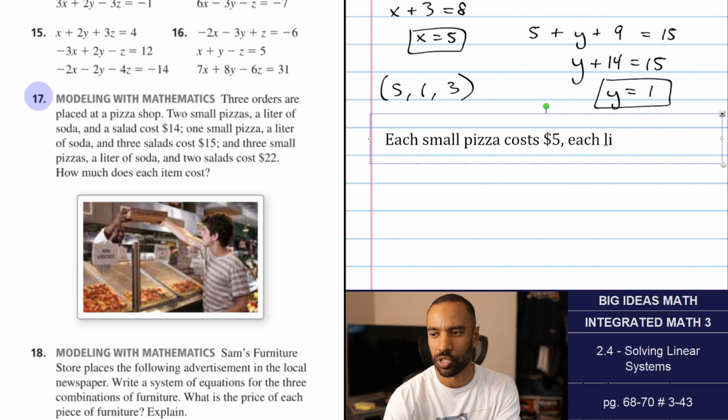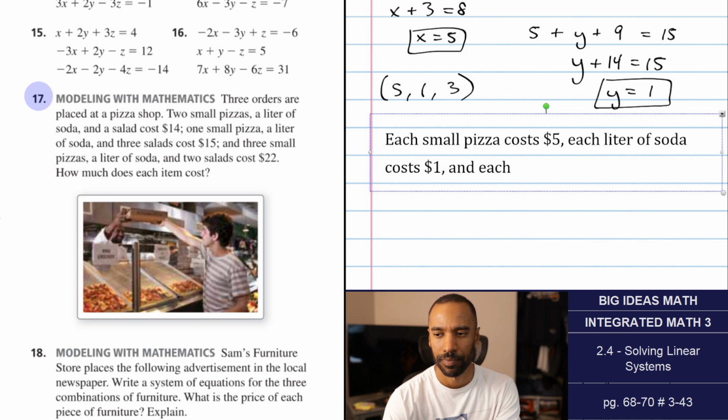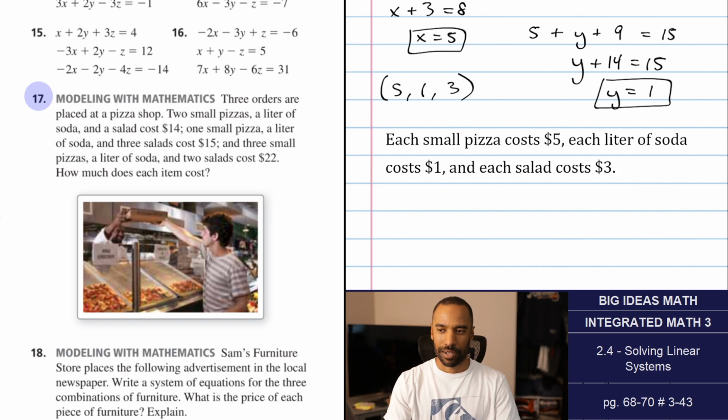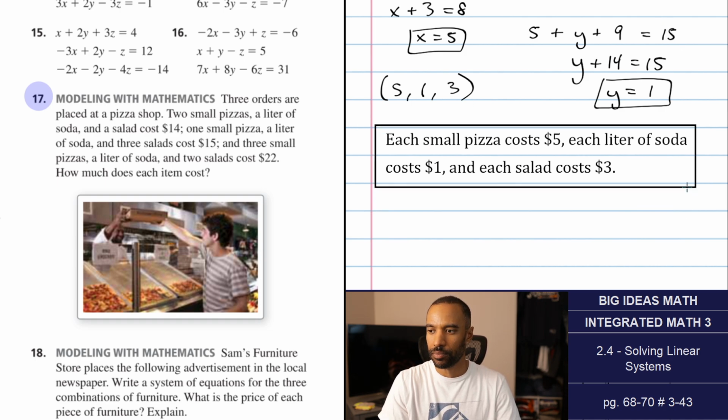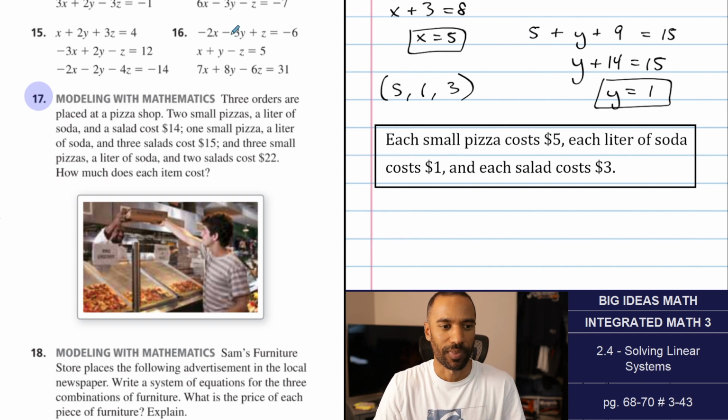Each liter of soda costs $1. And each salad costs $3. That is the final result you want to put, instead of an ordered triple, for a word problem. Context, sentences, words. All right.